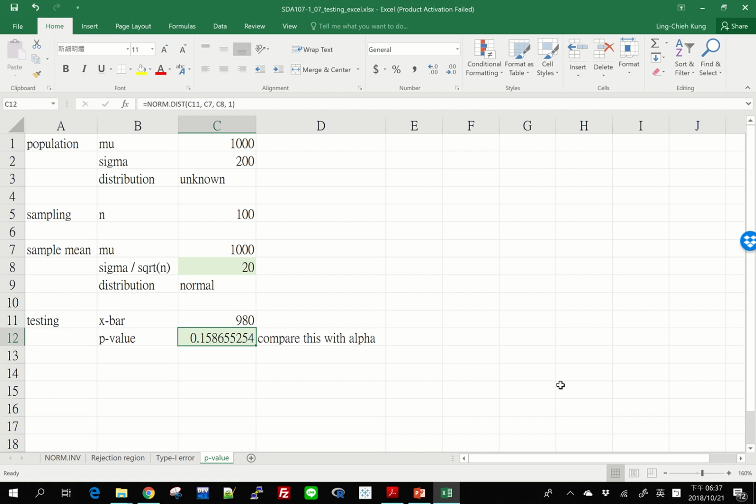You don't consider it as weird, or you don't consider it as rare. It's possible. It's just possible. So you won't conclude that your process is wrong when you see 980. 980 is not small enough because its p-value is too high. Okay, so that's p-value, and that's how you may get p-values.